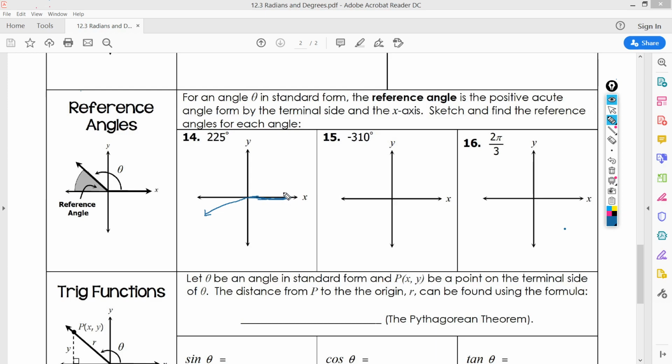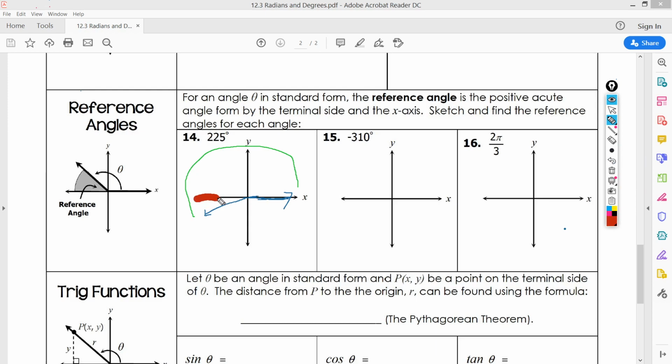And the reference angle is just asking us, hey, look at the angle you made, this angle right here. How many degrees away from the x-axis is that?